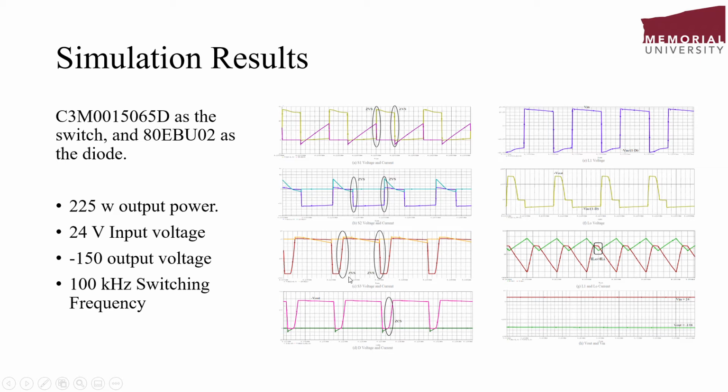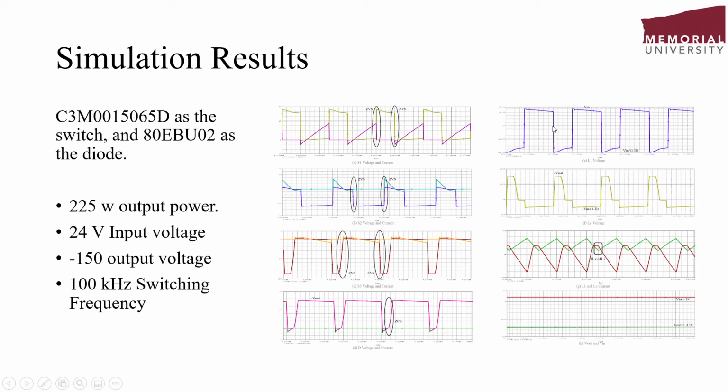And here for S3 as well, we have turn on and turn off ZVS condition. Here we have the diode, it turns off under ZCS condition, which means for all semiconductor components we have soft switching condition, and the switching loss is totally zero.